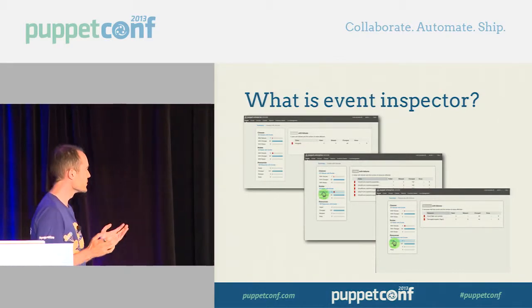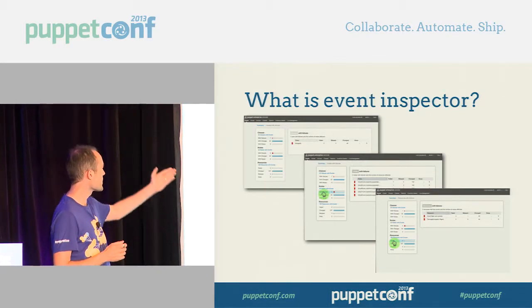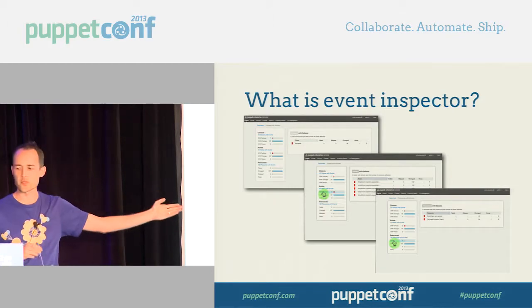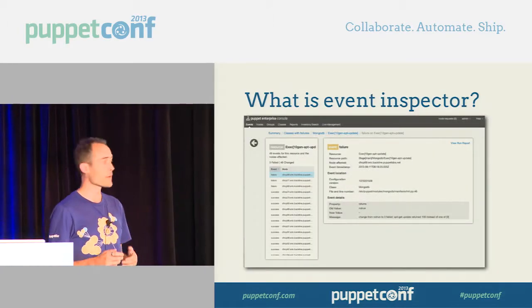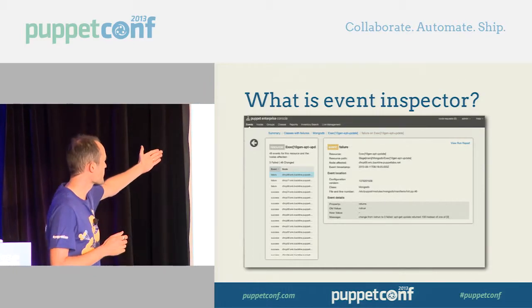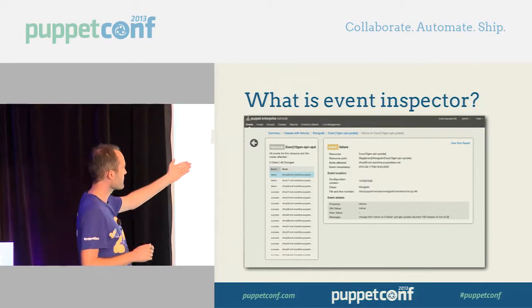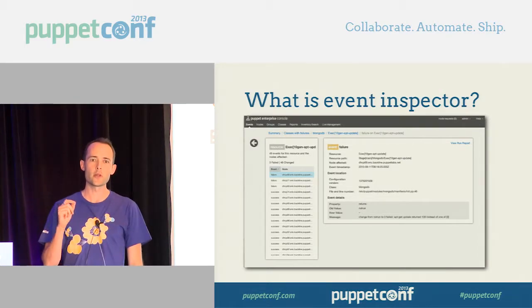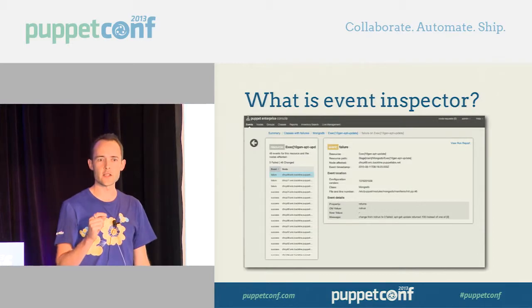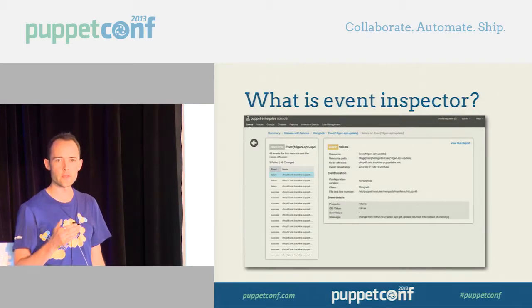So if you do have issues, within a couple of clicks, you've already reviewed your classes, your nodes, and your resources. Then you can actually dig into this information. And with a couple more clicks, you're already looking at your event information. This is really difficult to see, but this gives you information that you can use to get right to the problem right away. You can go into the command line and take a look at your manifest and fix whatever might be happening within your code.